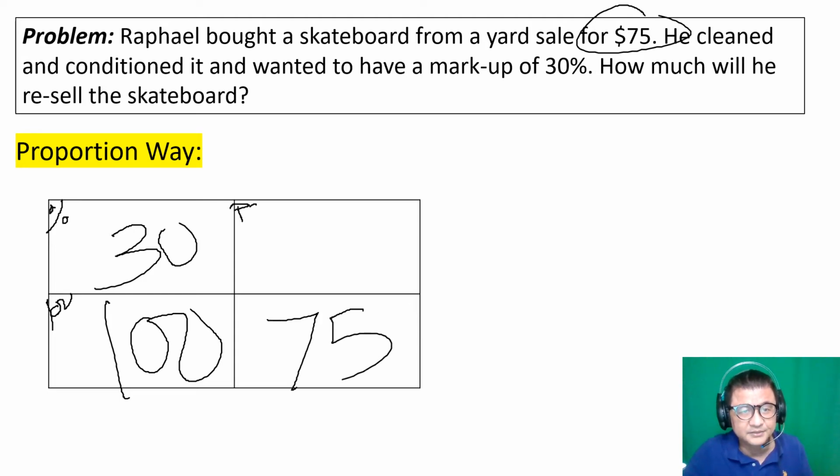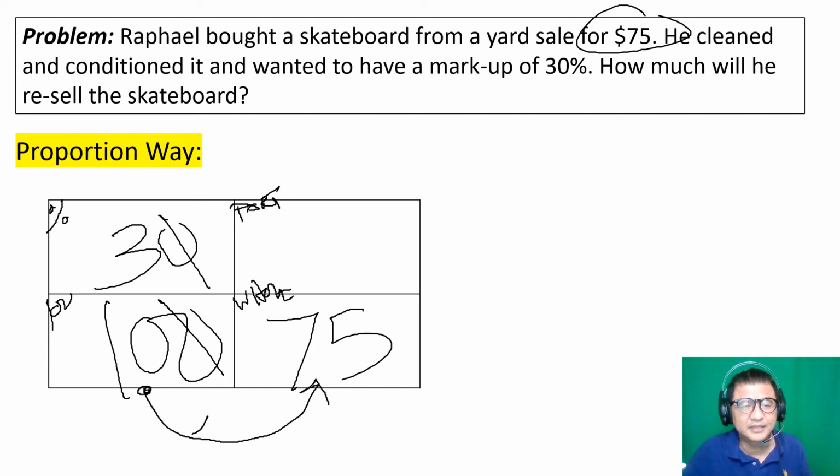This is the part, remember that, over the whole. Now, so that you could see the pattern better, you could think of it as divide by 10, divide by 10. So the 75 becomes 7.5. Therefore, 3 times 7.5 is what?